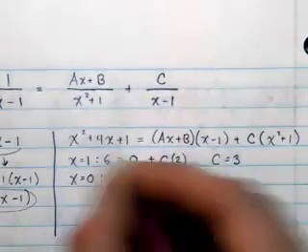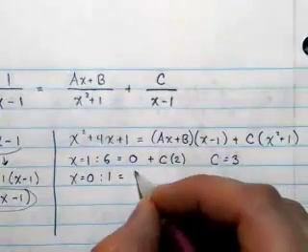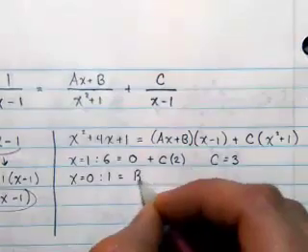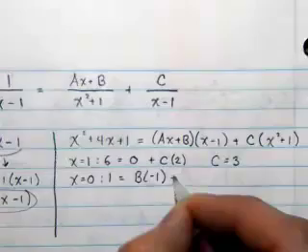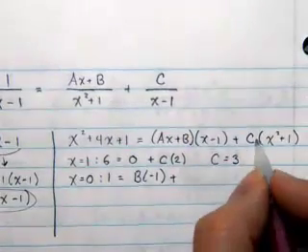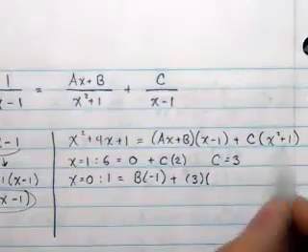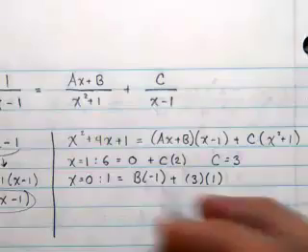If we put in a 0, we're going to have 1 equals, it would be, yep, negative 1 times, so I'll do it this way just because it's in the same order, but b times negative 1 plus c, we already know is 3, so 3, and then a 0 into this gives us 1. So, yeah, we got something that'll work there then.